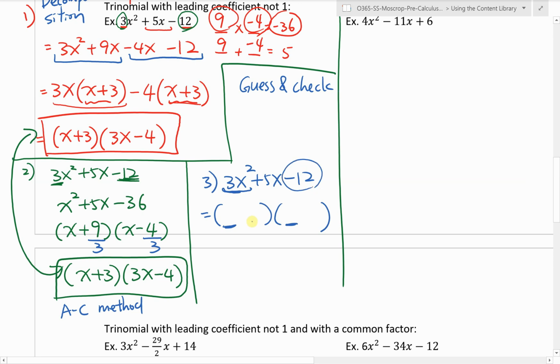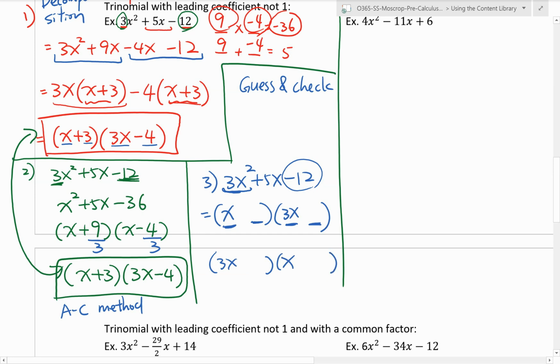Well, that came from this times that. It's always x plus or minus something, times x plus or minus some number. So how do I get this 3x? Really, the only way I can get 3x squared is by multiplying x with 3x. Guaranteed. Now, obviously, you could also write 3x first. The order does not matter.